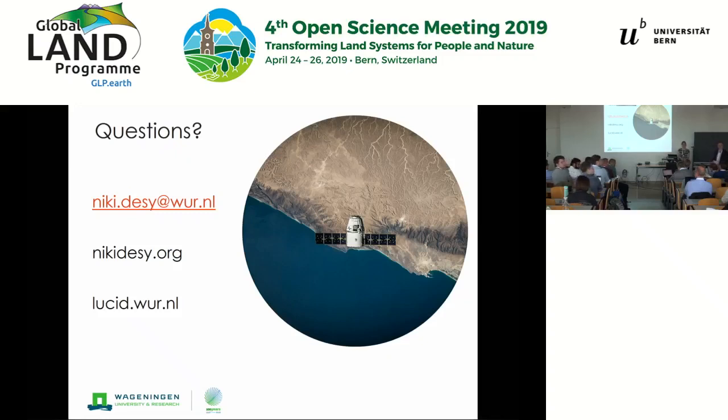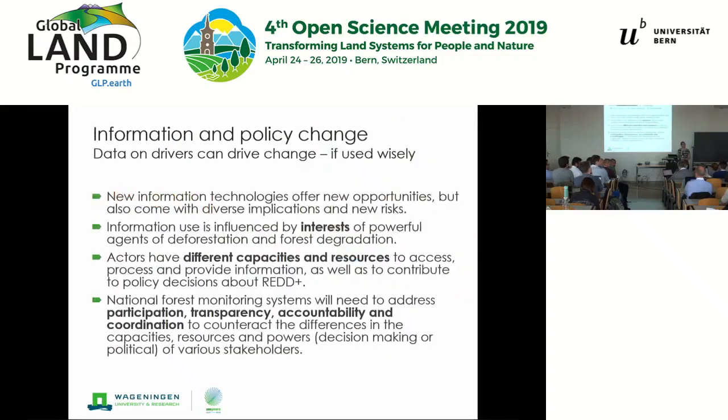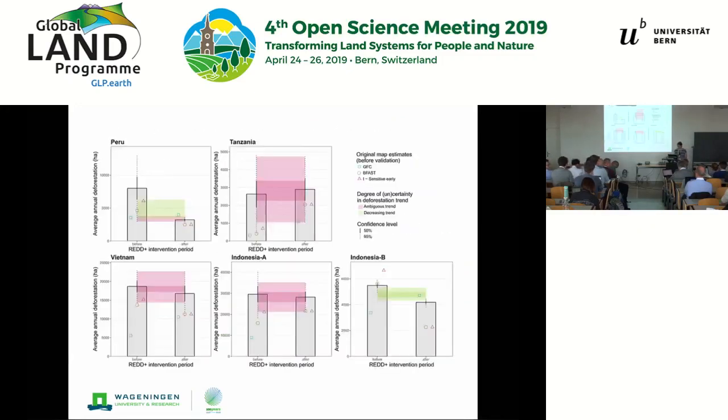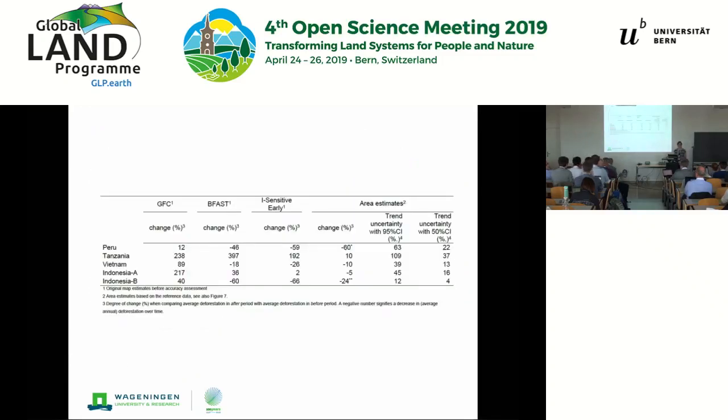Quick question on the last part of the analysis where you were looking at Matt's GFC product and PFAS. You had trend differences; did you also look at total area estimates of disturbance or loss? Yes, we also did actual area estimates indeed.